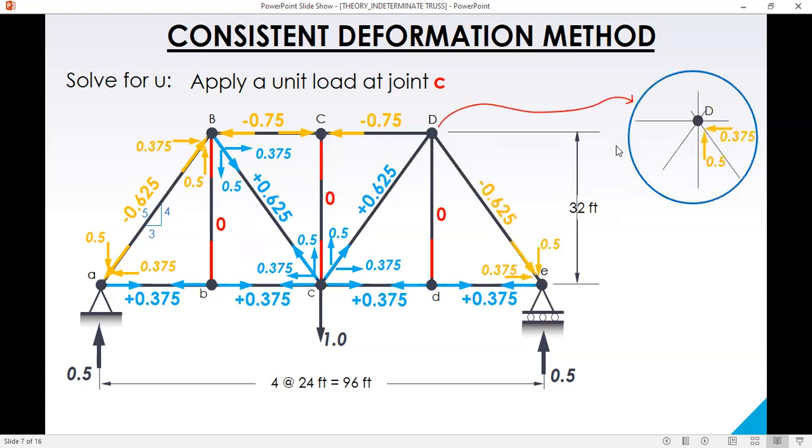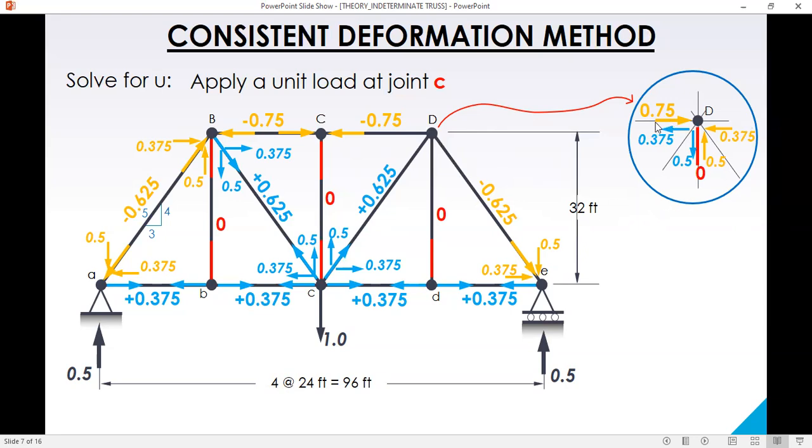Okay. So, checking, same lang. For this member, these are the components, and then 0.75 compression, and then CD, this one, tensile. Check the components.